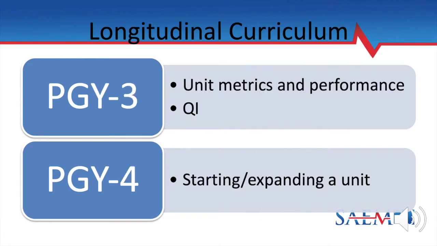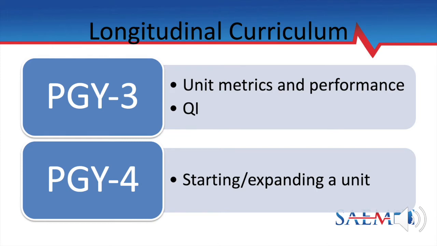As they move into senior year, either as a PGY3 or PGY4, depending on how your residency is structured, then they can look more at the unit itself and look at things like quality metrics, occupancy, length of stay, and work on various QI projects as a way to improve the unit and better understand this.